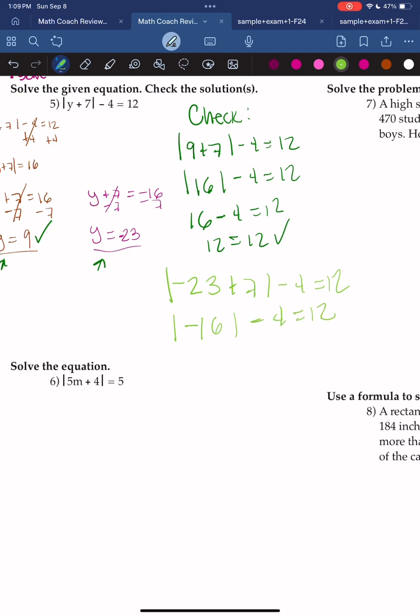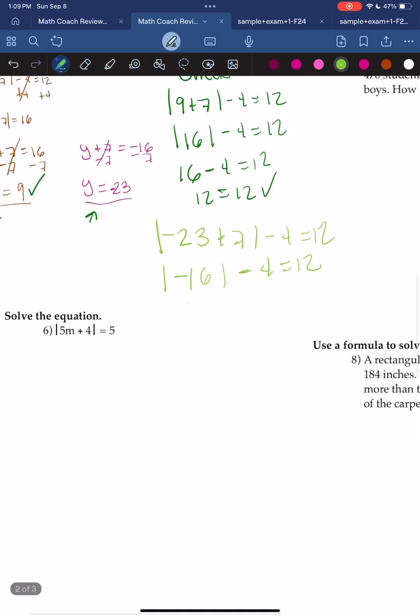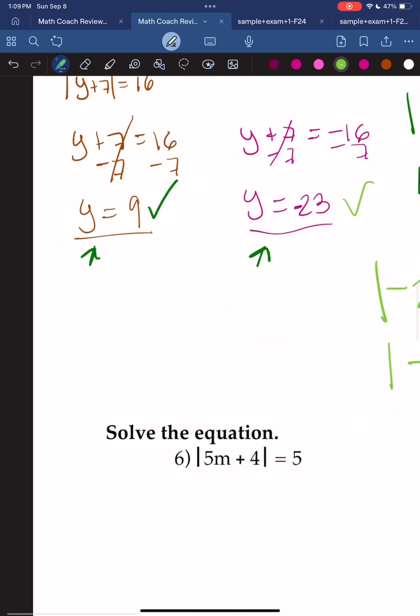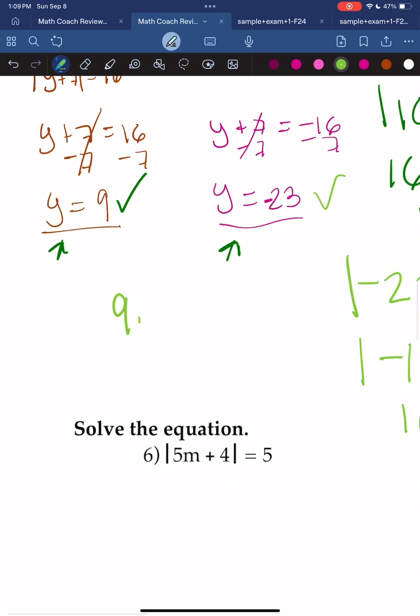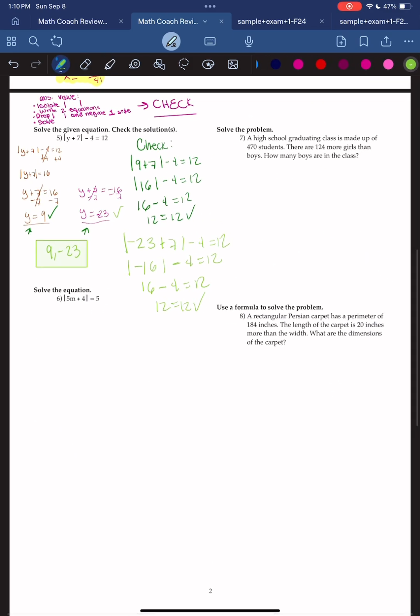Minus 4 equals 12. So the absolute value of negative 16 is just 16 when we bring it out of the bars. Minus 4 equals 12. 16 minus 4 is 12, so it does equal 12. So that's also true. So our final answer for this question is going to be 9, negative 23. And that's our final answer.